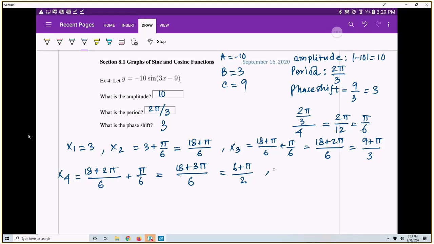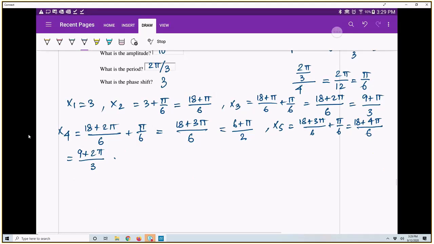Finally, the last key point, x5, is going to be 18 plus 3 pi over 6 plus pi over 6, and that is 18 plus 4 pi over 6. I can divide both top and bottom by 2, and I get that is equal to 9 plus 2 pi over 3. Now let's make sure that we have done our calculations right.